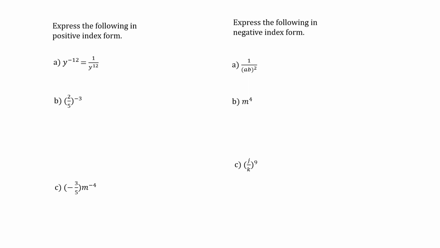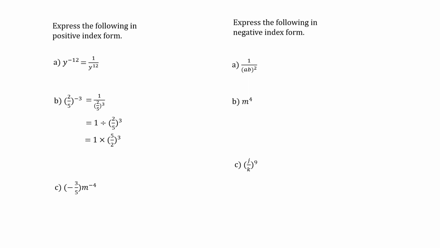For question B, negative is 1 over. So it is equal to 1 over the whole thing to the power of 3. The whole thing means you need to put a bracket around 2 over 5, with the bracket to the power of 3. And you can simplify it. The 1 over means division.